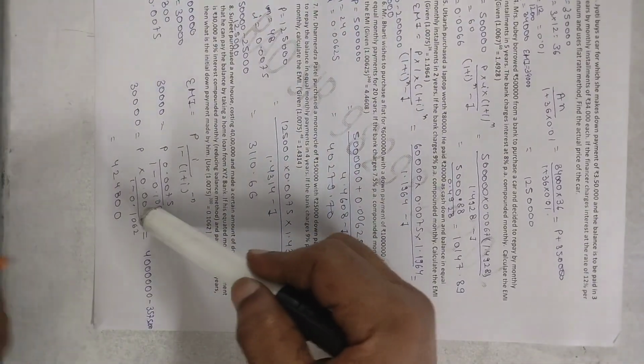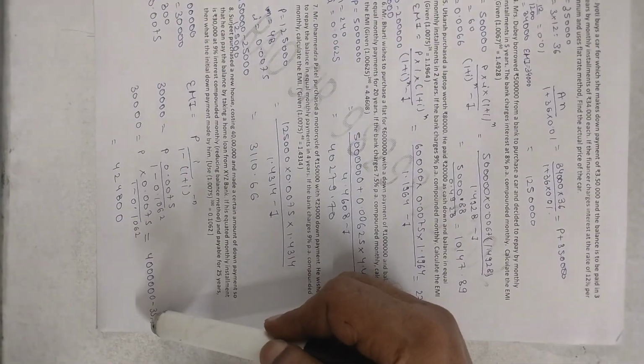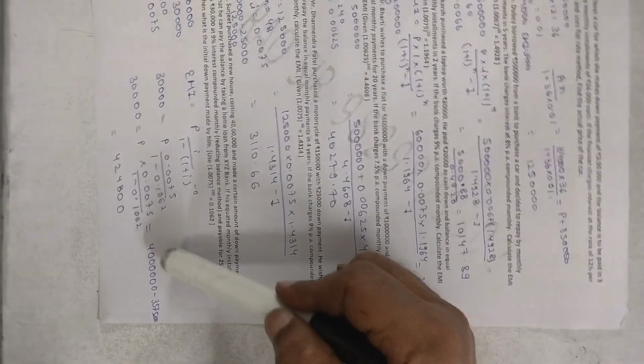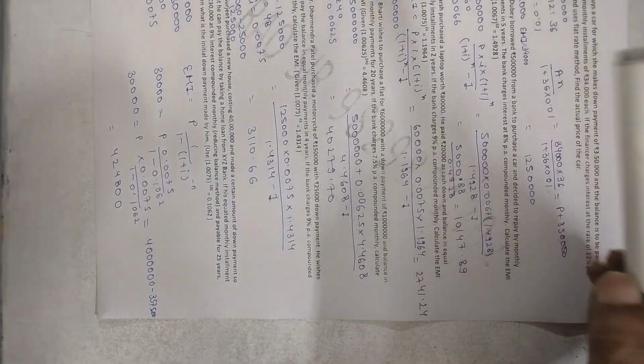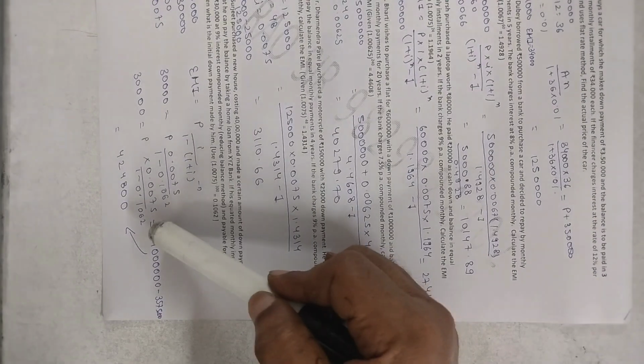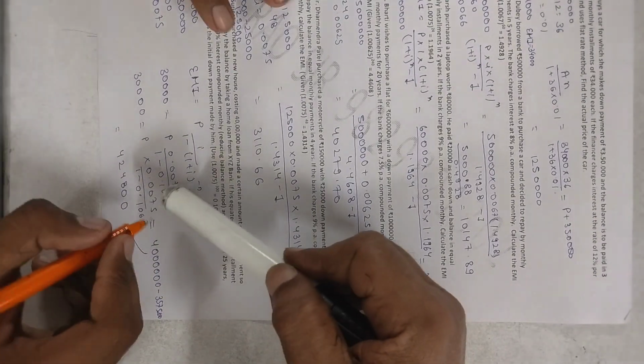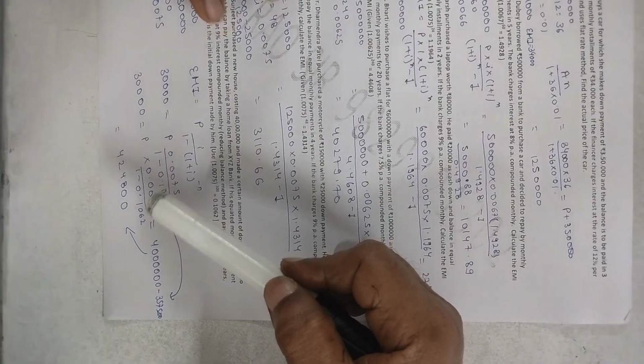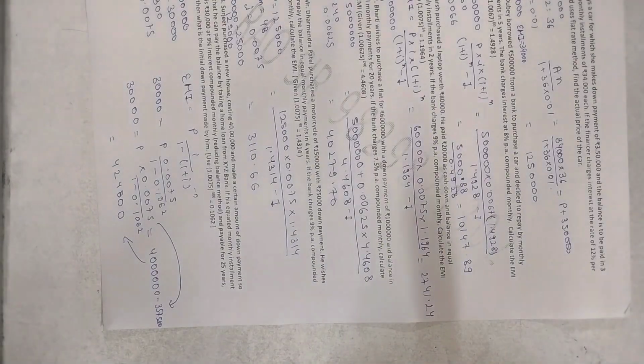That means this calculation gives us 35,75,000. So this minus this will give you 4,25,000, 4,24,800. And this calculation gives 35,75,200. So 40 lakh minus this one.